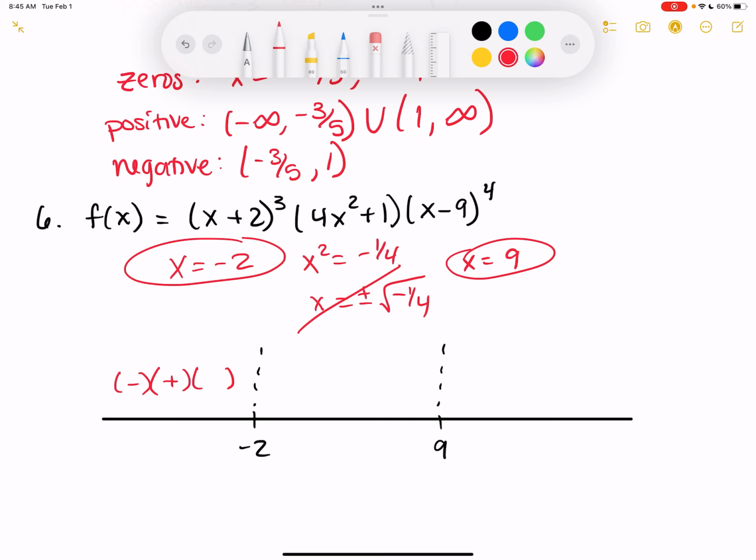Negative. Wait, negative 3 minus 9, raised to the 4th. What does that do to the sign? It would be positive. I forgot that one. So ultimately, this is a negative. How about the middle one?